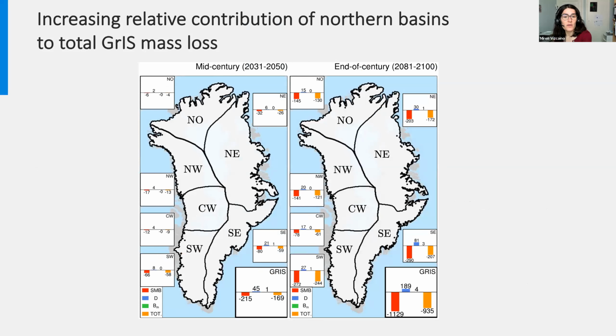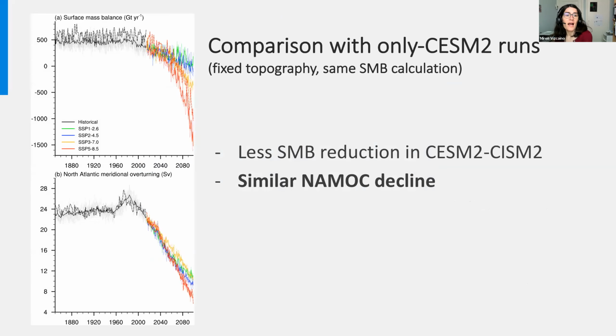So we present an assessment per basin in the paper, and we compare the simulations with runs where we don't have the interactive Greenland ice sheet, and we find a similar decline in the SMB, but the magnitude is not exactly the same because we are calculating things over different topographies, not the same as the observations when we are starting.